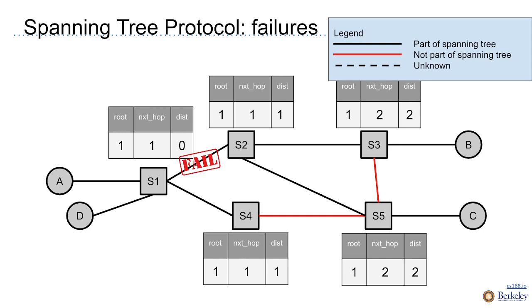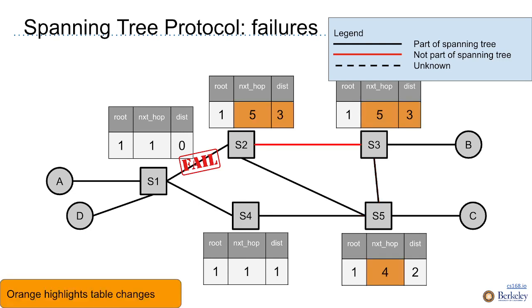Any yeses? Yes, but once we converge, who would the root be? So we would run the same thing again. The highlighted ones are the ones that end up changing after you run the same protocol. You can just trace it by yourself after lecture.